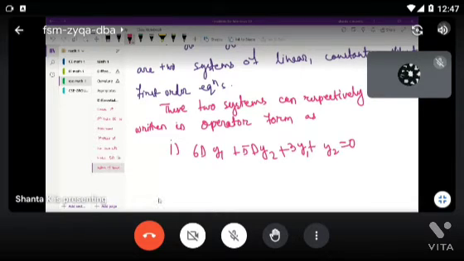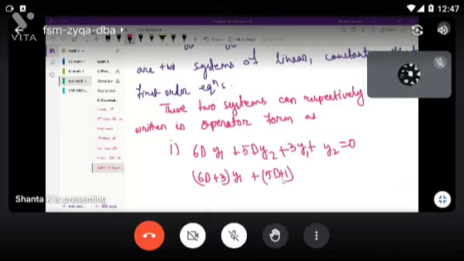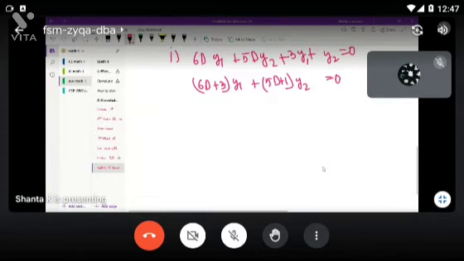So if you further write it, it will be (6D plus 3) y1 plus (5D plus 1) y2 equals 0. Then the next one will be minus 5y1 plus (D plus 3) y2.